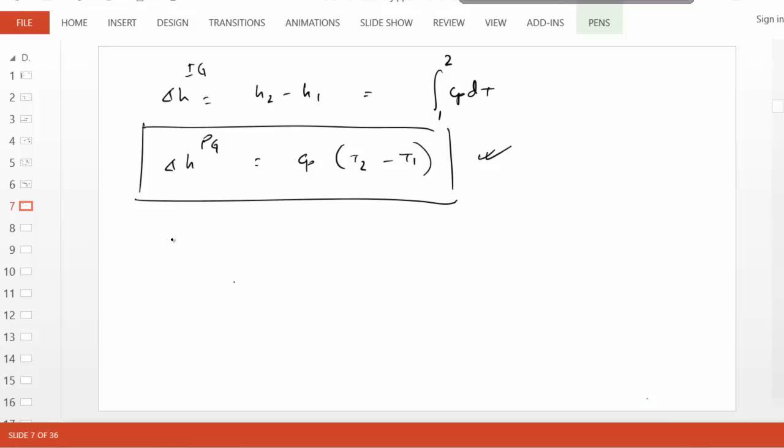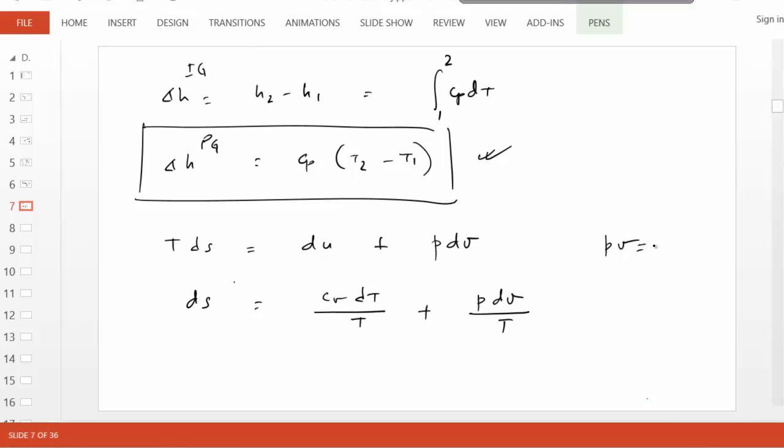If we start from the first TdS relation, notice dS is CV dT divided by T plus P dV over T. Note that using PV equals RT, the ideal gas equation, we can substitute P over T as R over V. So the equation reduces to CV dT over T plus R dV over V.